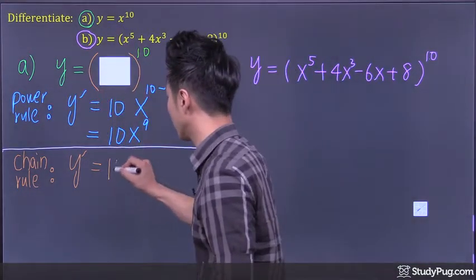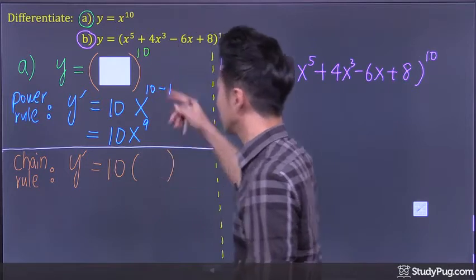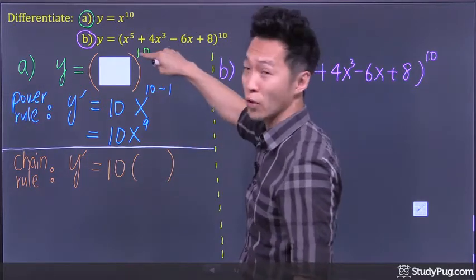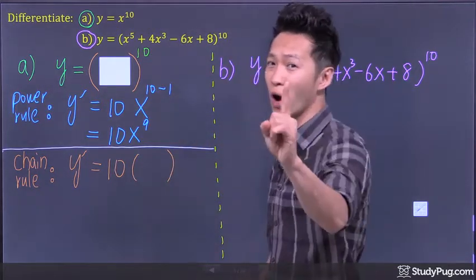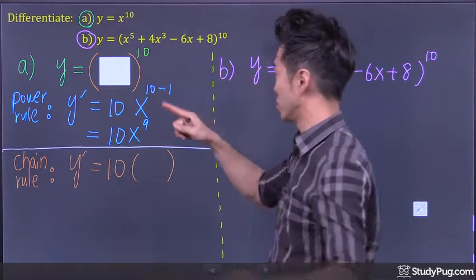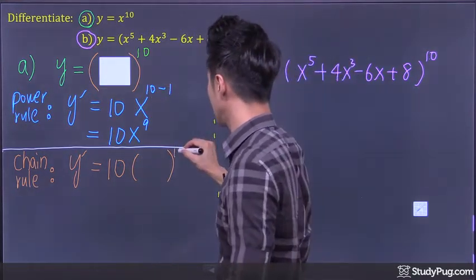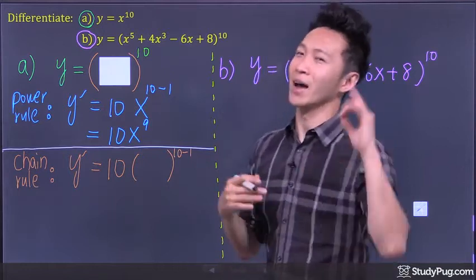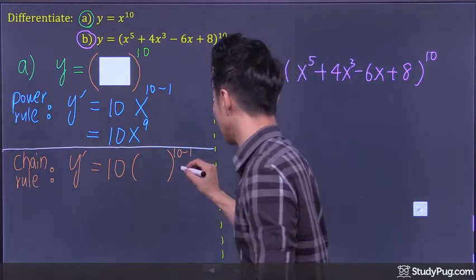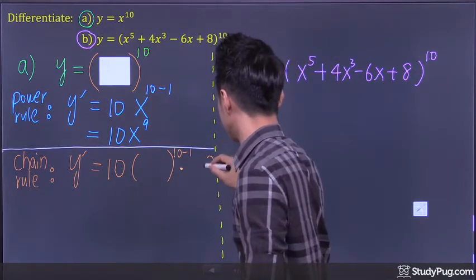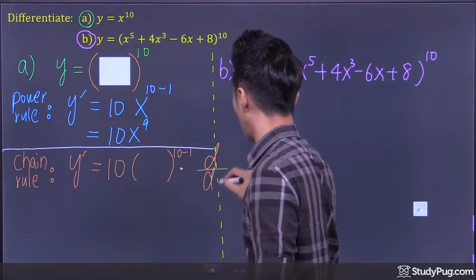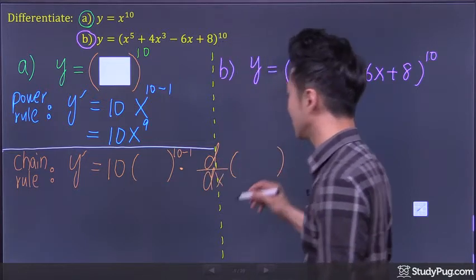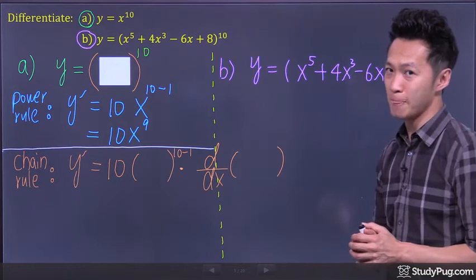So bring 10 to the front, bracket. Now what do we do with the exponent? We have to subtract 1 from the original exponent, right? So we have 10 minus 1. And guys, don't forget, what's chain rule? You always gotta follow by derivative of the bracket. And that's chain rule, right?